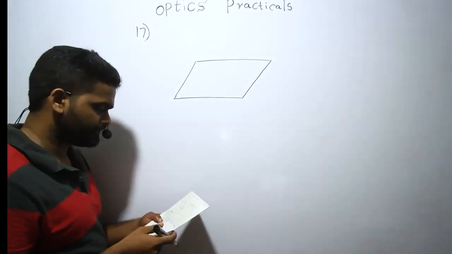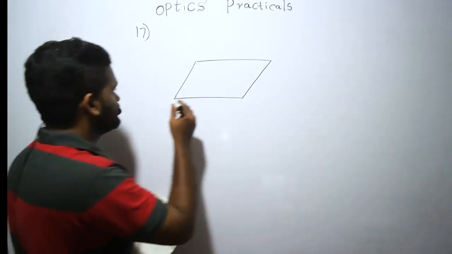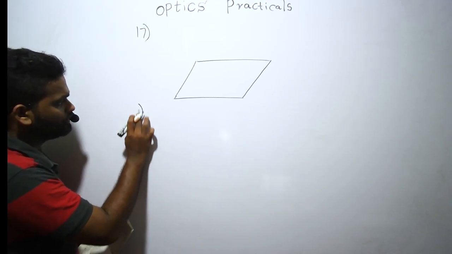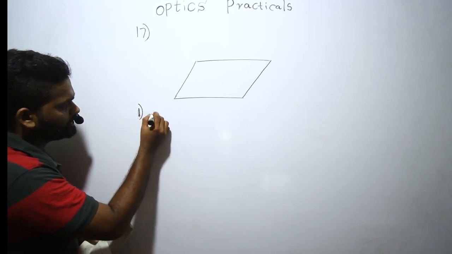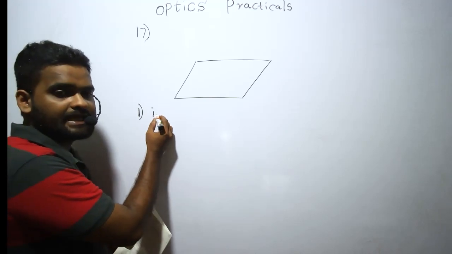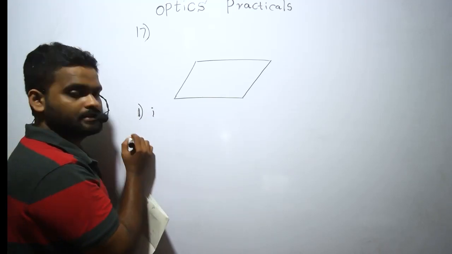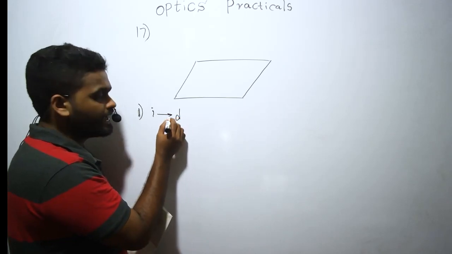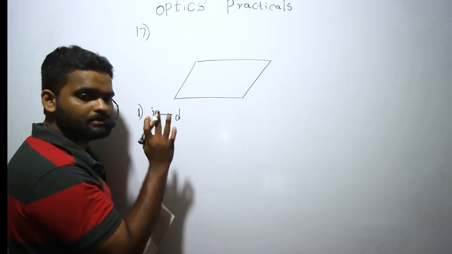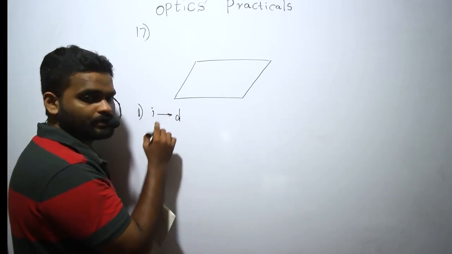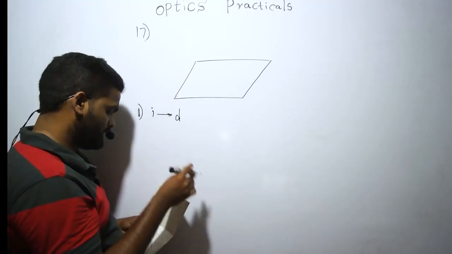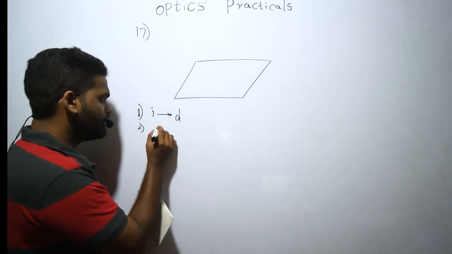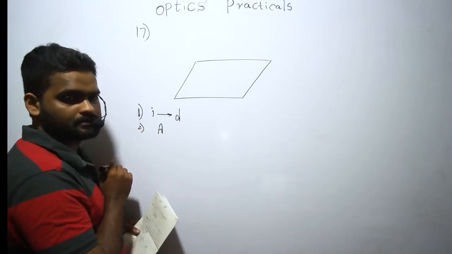So here, this is what we are going to do. We are going to get a bunch of incident angles, let's say simple i. Depending on those incident angles, we can get the angle of deviation, not the minimum deviation. Then in the second part of the experiment, we are going to find the prism angle.